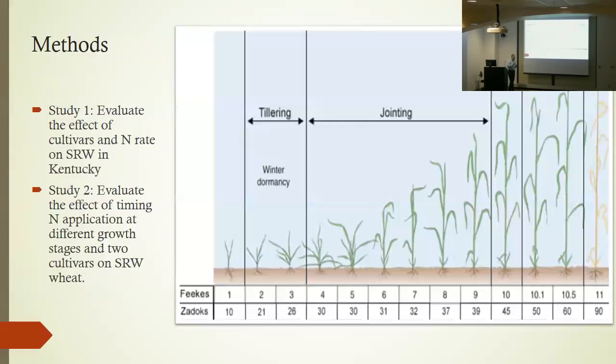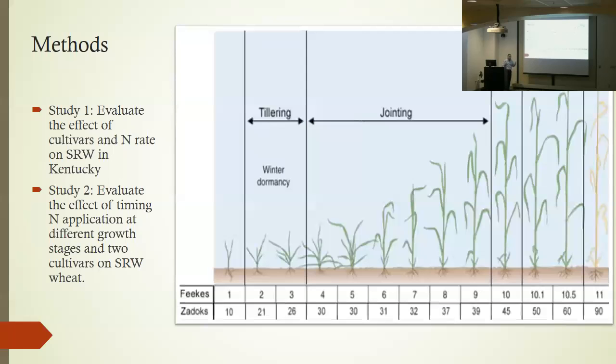So to tackle the issue of improving bread quality on soft red winter wheat in Kentucky, we conducted two sets of experiments at South Farm research at University of Kentucky.